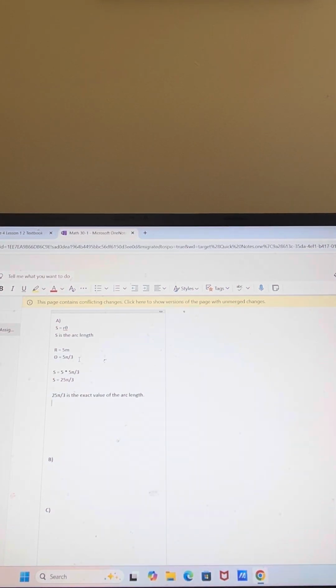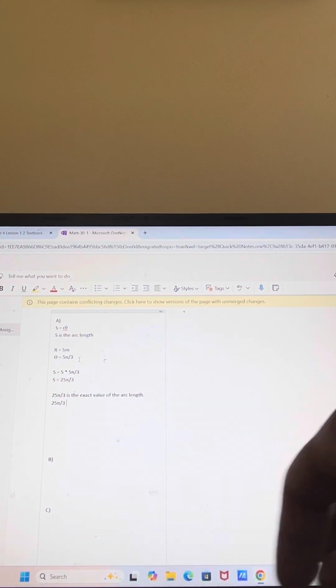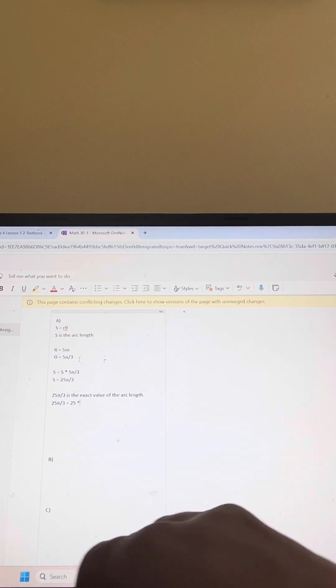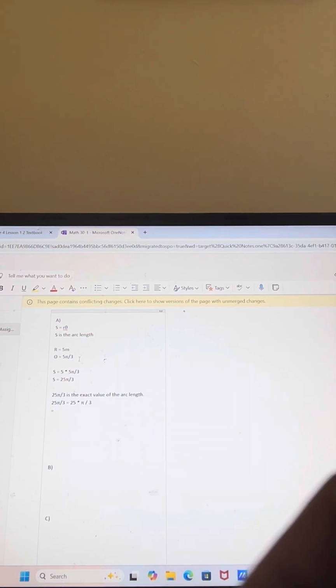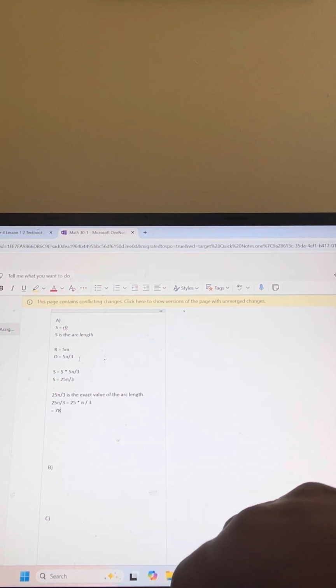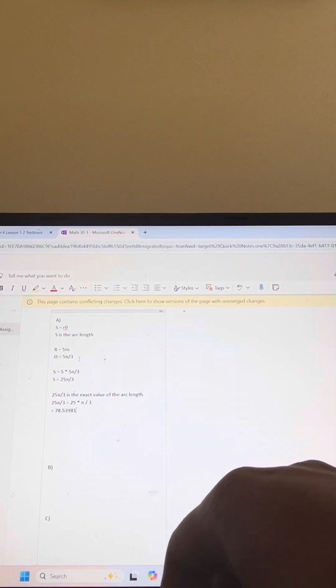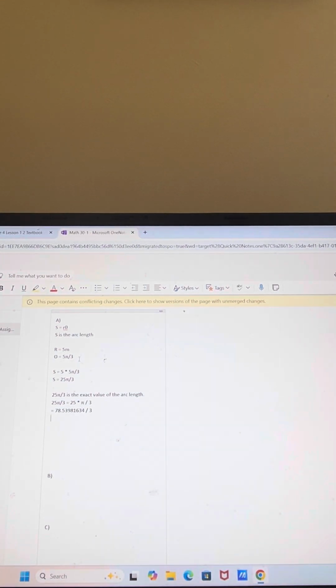And now we have to find our approximate value. So what that's going to look like is 25 pi over 3 is equal to 25 times pi, and we divide this by 3. So if we go ahead and calculate this, we're going to get 78.53981634 and divide this by 3.